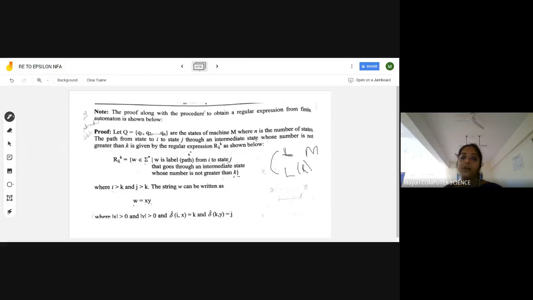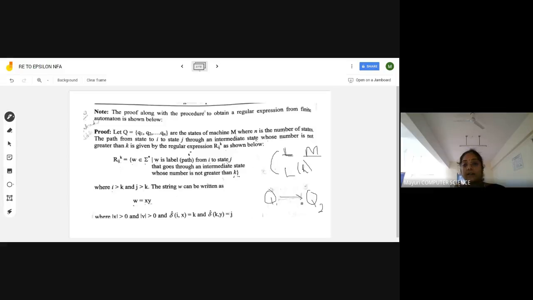Whenever you consider a machine M, obviously there exists a path from one state to one more state. For example, I have a state Q1, and one more state called Q2. I have a path from Q1 to Q2, something like traveling from one city to the other city.